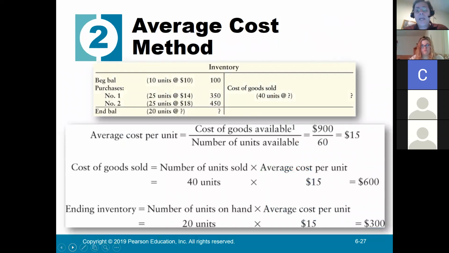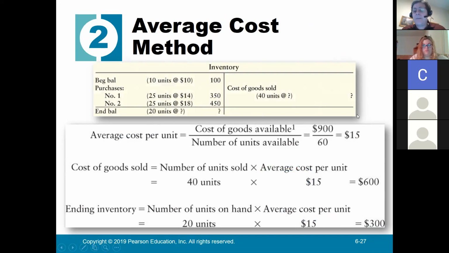So here's what you do to get the weighted average cost. You take all the inventory costs available, $100, $350, $450. You add them up and you get $900. You would do this when you make a sale.